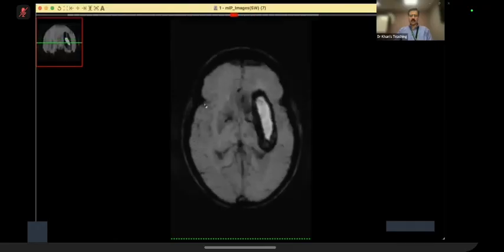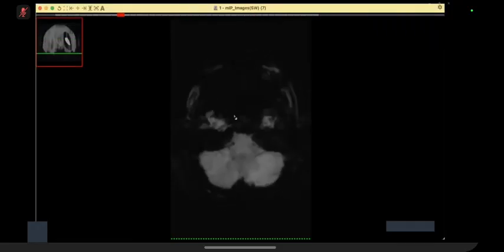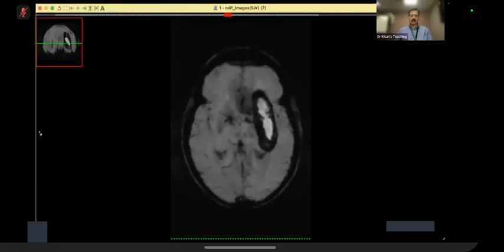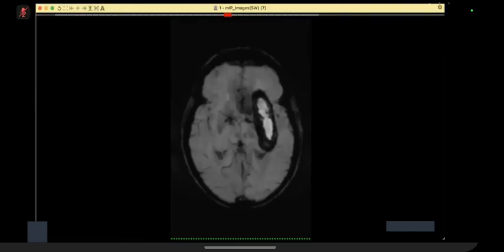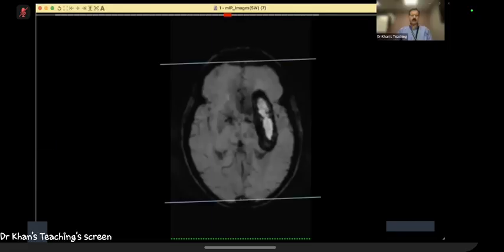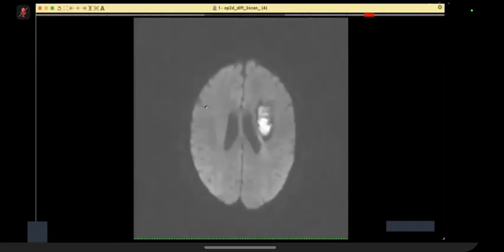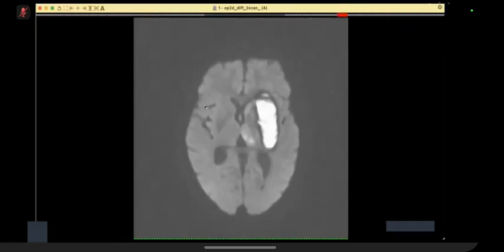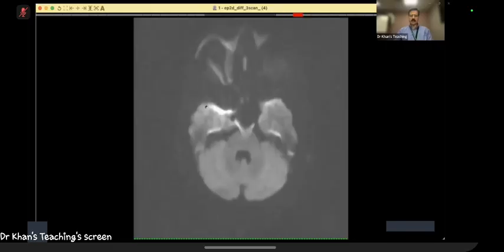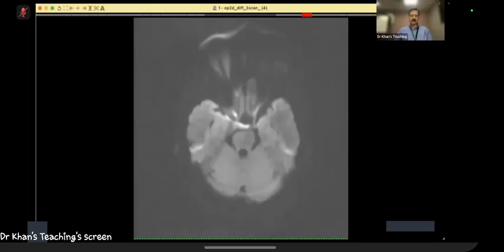This was your hemorrhage, and it is nothing impressive as far as that is concerned. What else would you like to see? Can we see the diffusion weighted images, doctor? Diffusion was also not helpful. This is the high B value, and nothing important. Next, please.